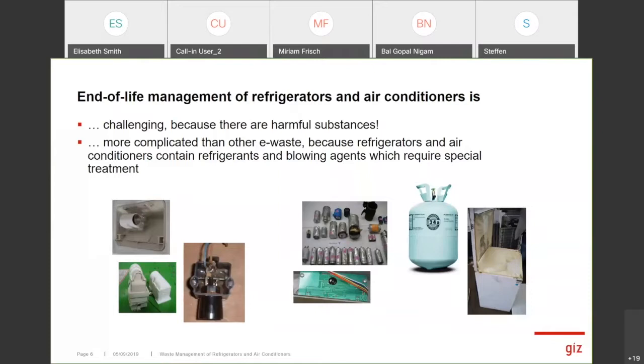It is of course more complicated than other e-waste. These appliances have refrigerants and blowing agents, and both substances require special treatment.